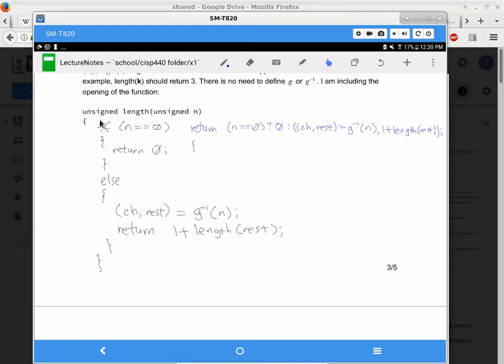Well, with this one, the key concept is you have to apply G inverse to n, and the result has to be utilized in some way. You have to know when to stop. Now, if you stop one step too far and you count 1 more, it is incorrect, but the key concept is still there. You know when to stop. It's just that you counted it 1 time too many by the time you stop.